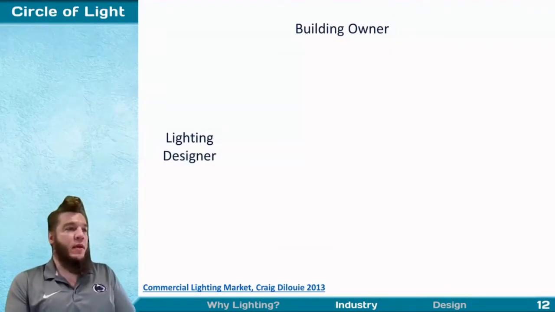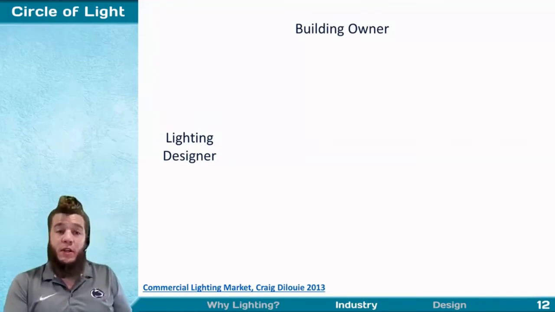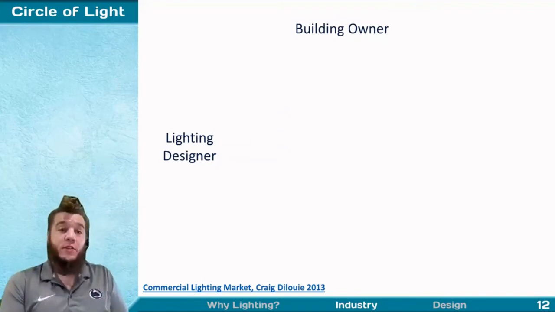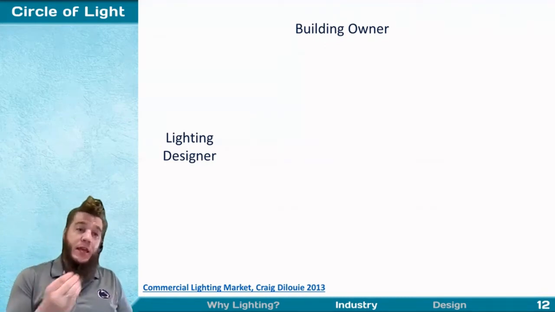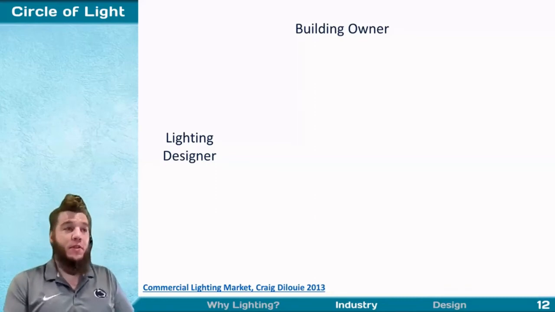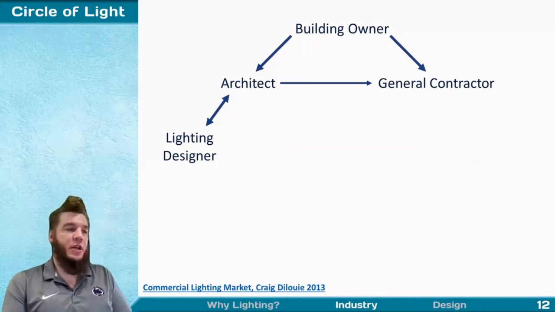So let's talk a little about the role of an architectural lighting designer within the greater field of architecture. We can start by thinking about just the lighting designer and the building. The building is going to have a building owner, and the building owner is going to hire an architect and a general contractor.